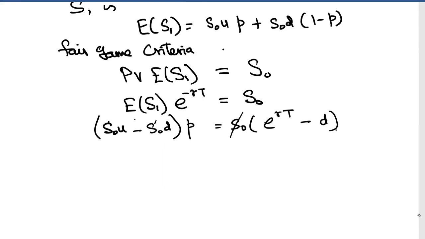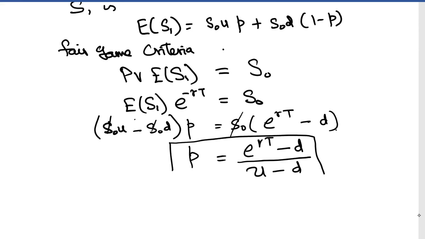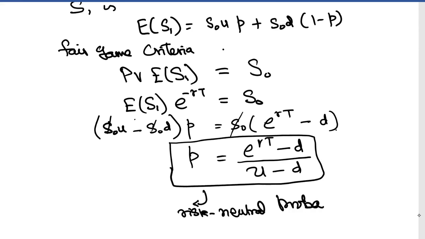So S naught gets cancelled and you have P is equal to e power RT minus D divided by U minus D. So this is your risk neutral probability. You can see that P lies between 0 and 1 because of no arbitrage condition.